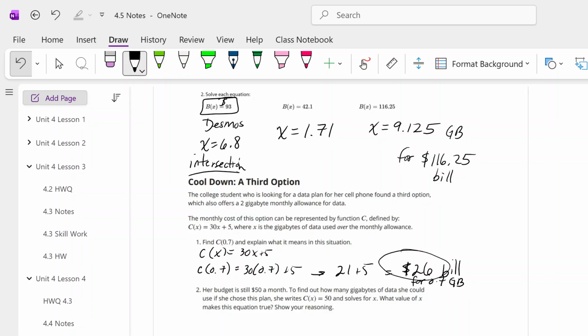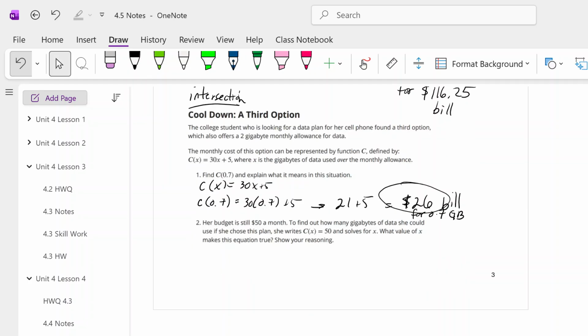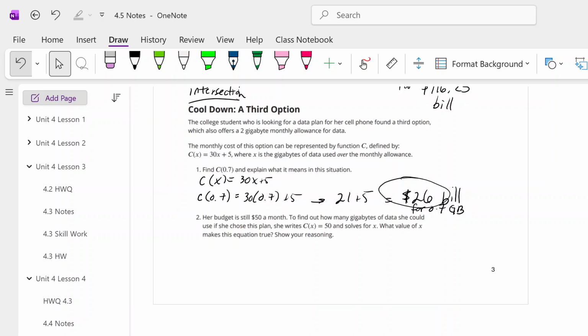Okay, so number 2, her budget is still $50 a month. So how many gigabytes can she use? We could certainly use Desmos if we wanted. We could plug these in, but it's always nice to math when we can math. So let's see, now we want her bill to be 50.